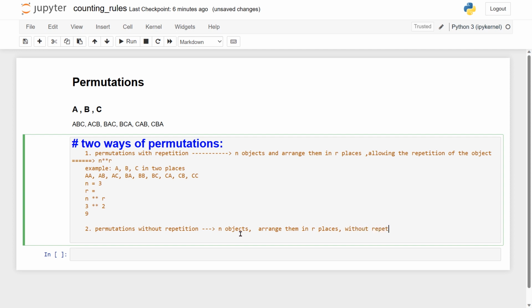Most important thing, without a repetition of objects. So the formula to calculate the number of permutations without a repetition is n factorial divided by n minus r factorial. Let me show you that.